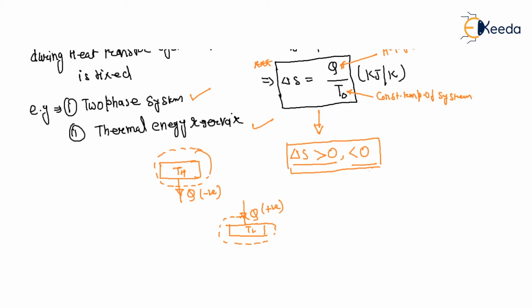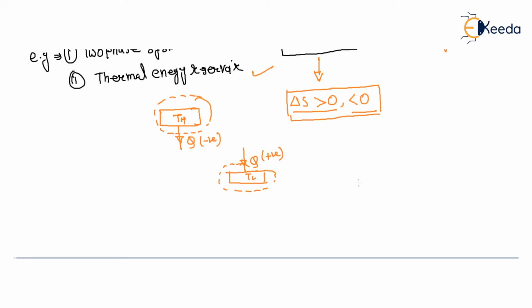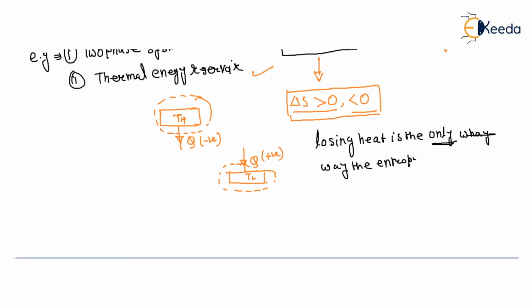So if the system loses heat, then the entropy will decrease; otherwise not. Losing heat is the only way the entropy of the system can be decreased, right?